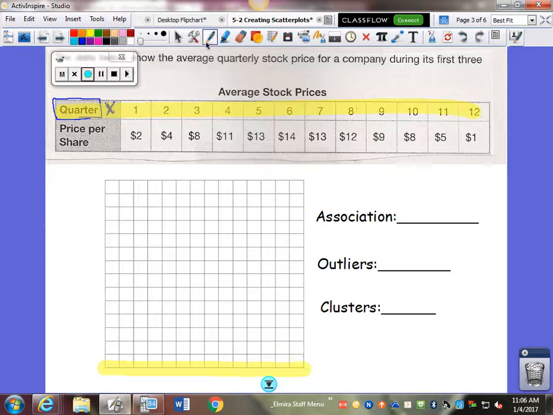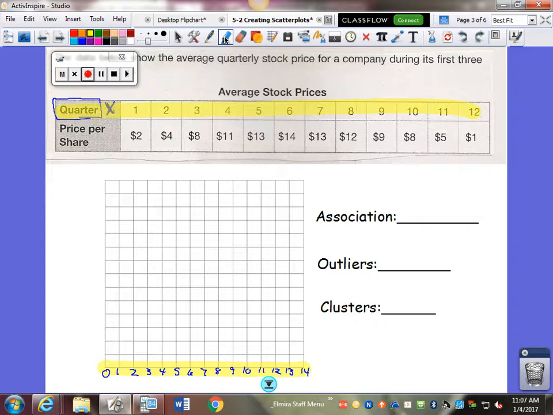All right. The highest number in here is 12. I definitely could count by 1s and easily make it to 12. All right.